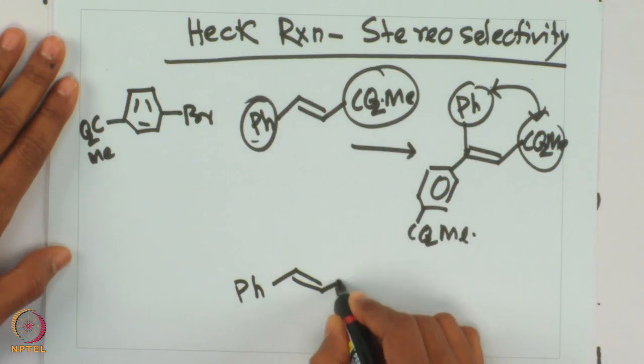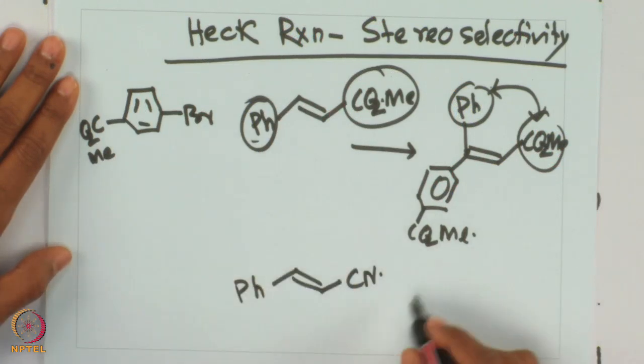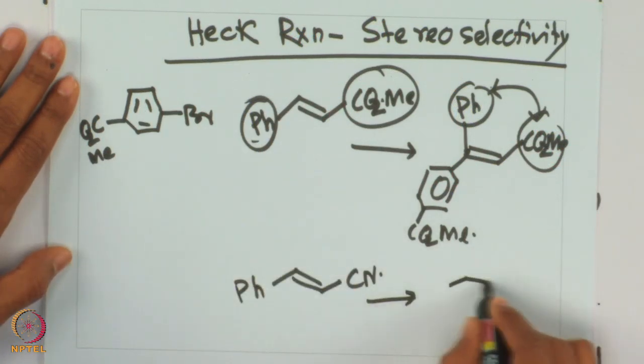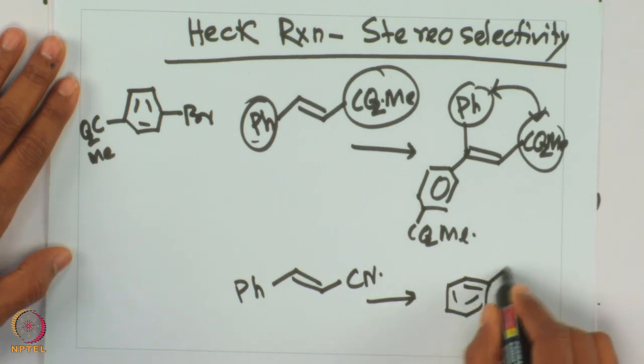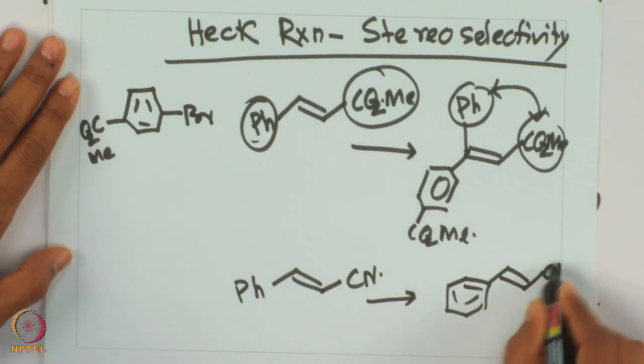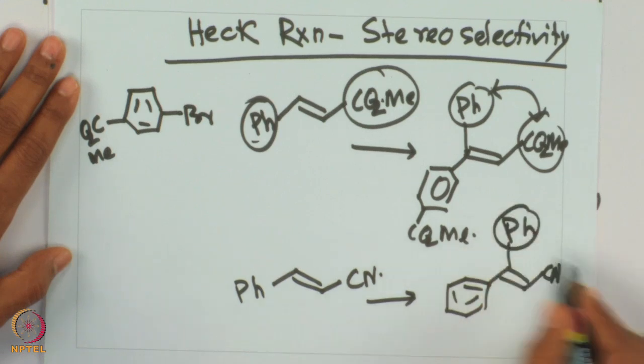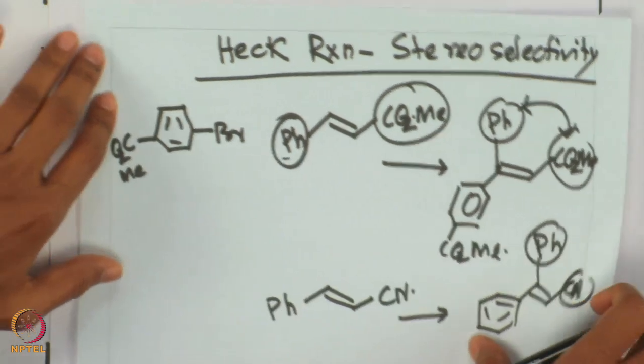Let us look at some more examples of this type of reaction. We have the same, let us say cyano, with a similar substrate, and it will again give a similar type of product where cyano and phenyl are now on the same side with respect to each other. We can have some more substituents in the process.